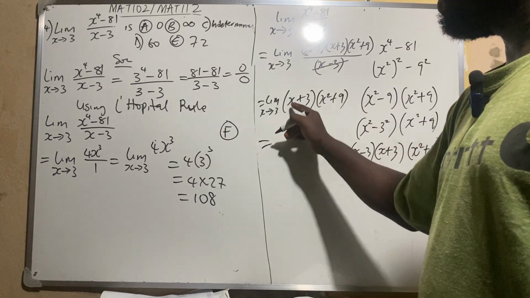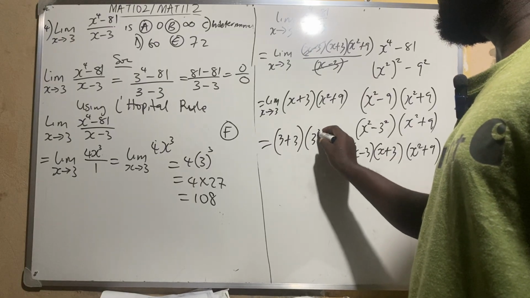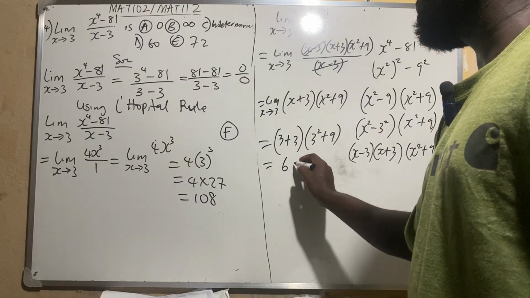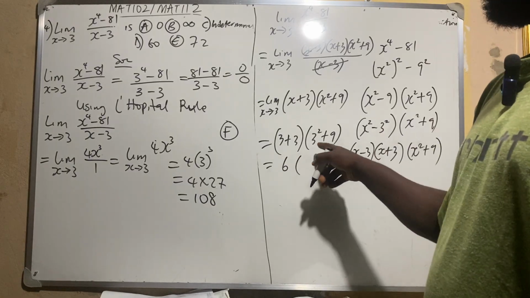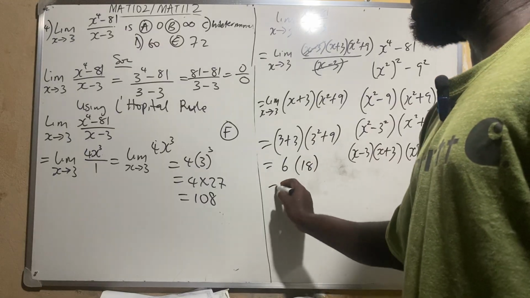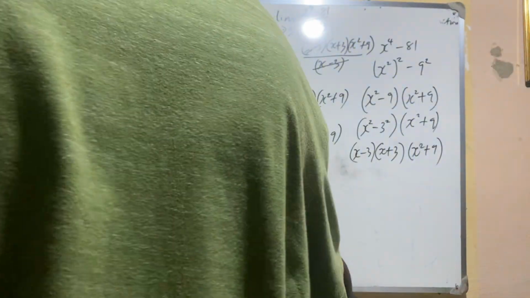So I can now substitute to have 3 plus 3 in bracket of 3 squared plus 9. So what do I have? 3 plus 3 is 6, in bracket of 3 squared is 9, 9 plus 9 is 18. So 6 times 18 will still give you 108 as the correct answer.